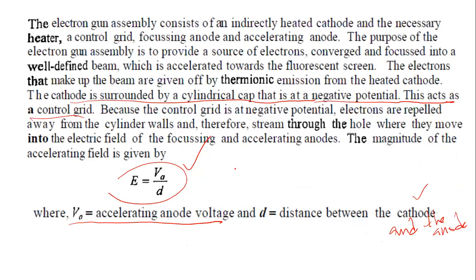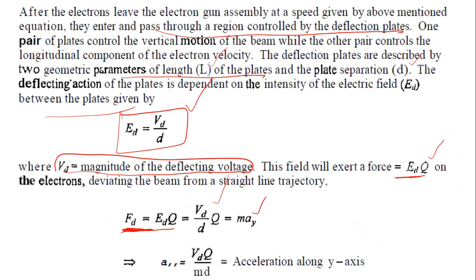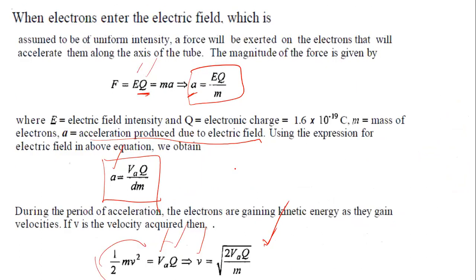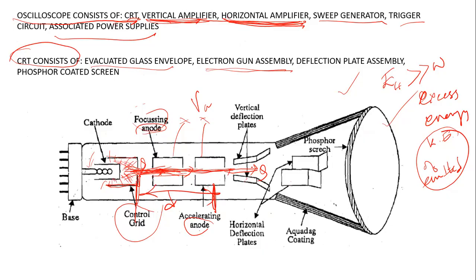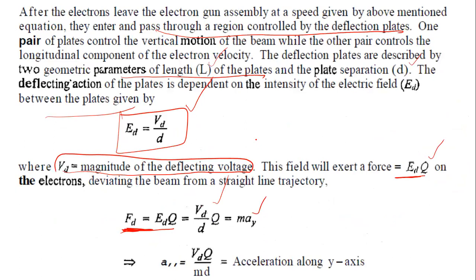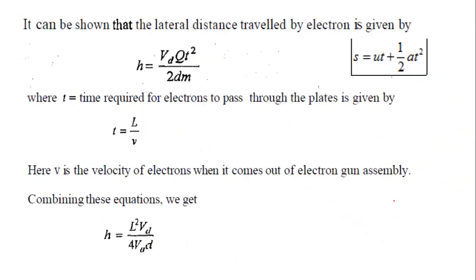But the acceleration here, AY denoted here, is actually the acceleration in the transverse direction. Acceleration on the charge in a transverse direction under the action of these deflection plates. Now, therefore, from this relation, you will find that your AY will be equal to VdQ upon MD. This is acceleration along the y-axis.